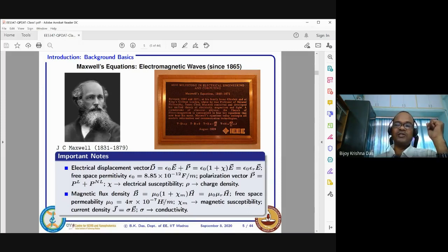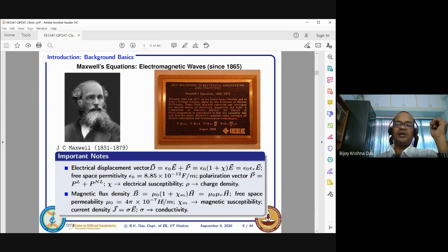Maxwell's equations are nothing but an attempt to understand how the electric field and magnetic field, independently or combined, are present in a material medium, how they are related, and how they are distinguished from one material medium to another. If you look at the four equations, the first two are independent.